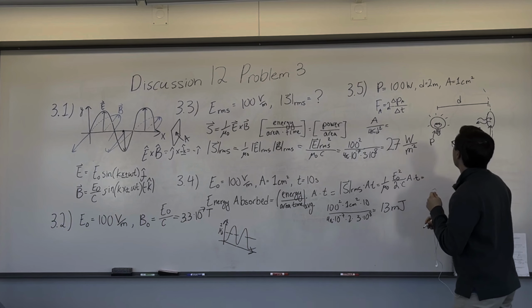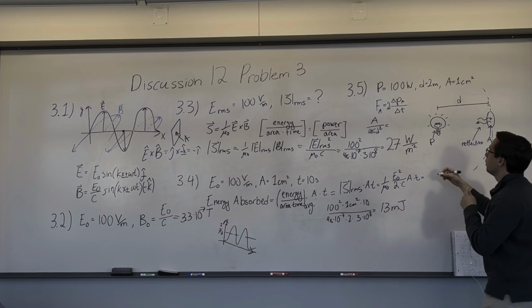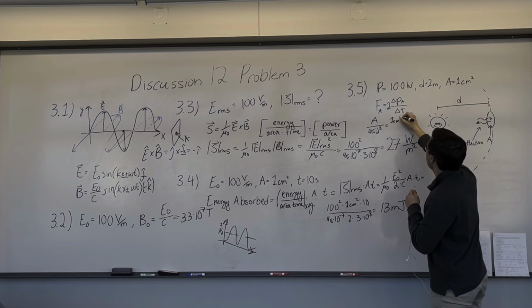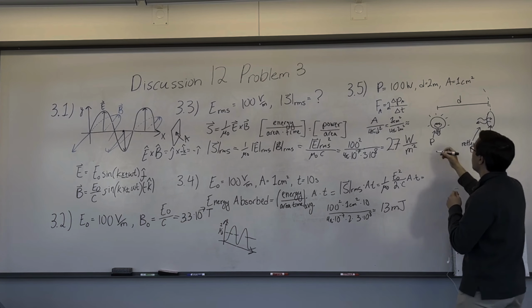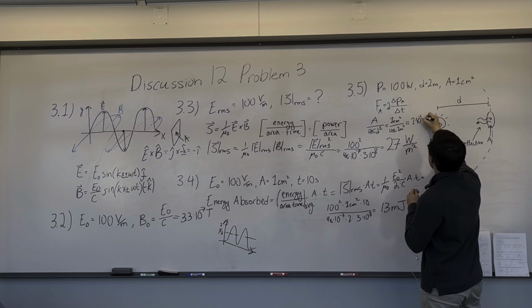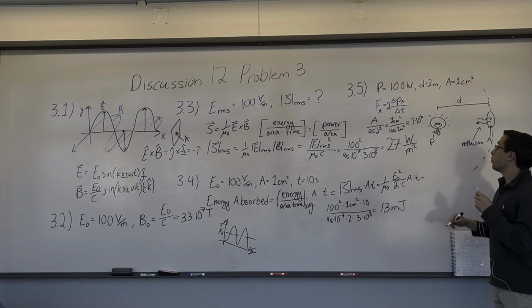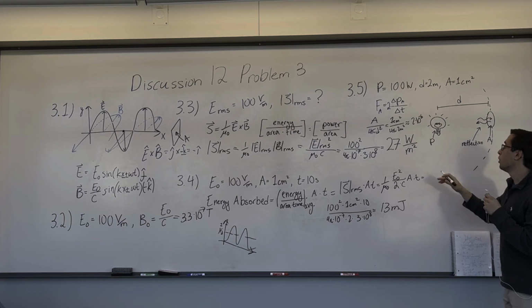If we work that out, that'll be 1 centimeter squared over 4 pi times 2 meters squared. That should equal something like 2 times 10 to the minus 6. And that's a unitless number.